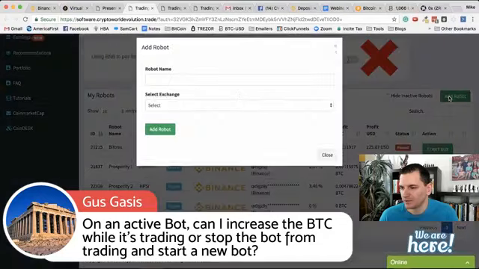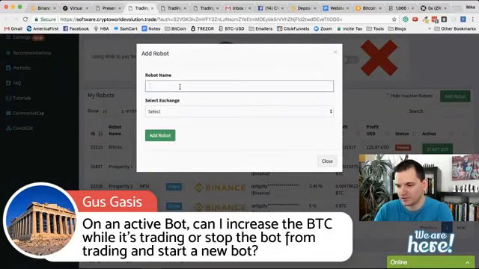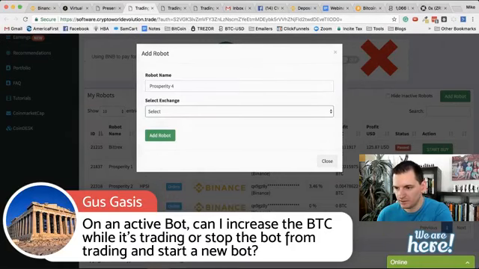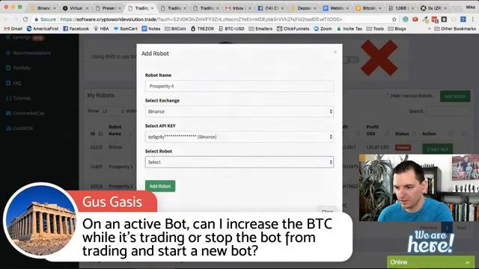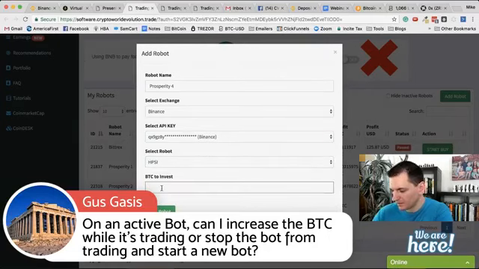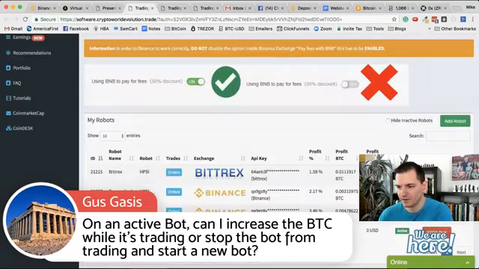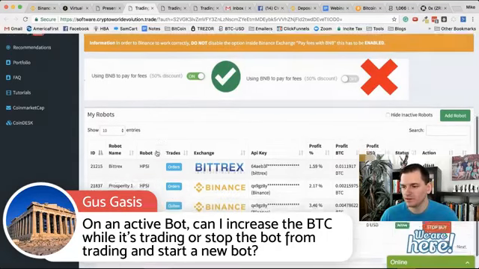So if I click add robot, let's do Prosperity 4, Binance, API. So I'm thinking 1.19956069, and it'll tell me if I can't. Yep, that worked. So there we go.